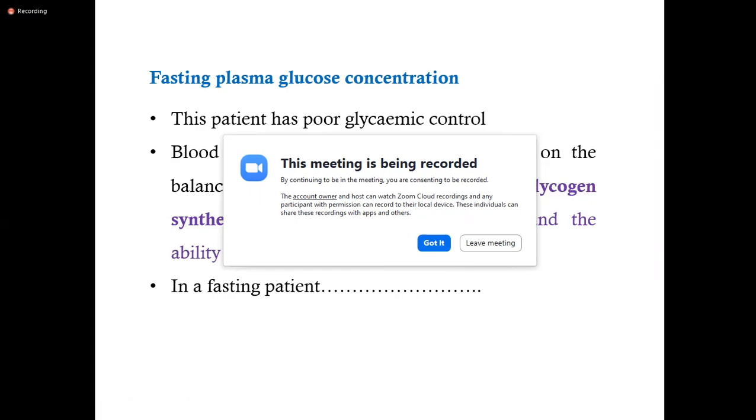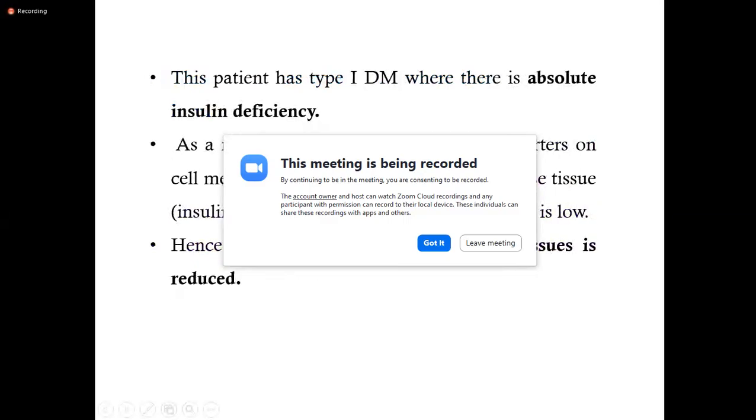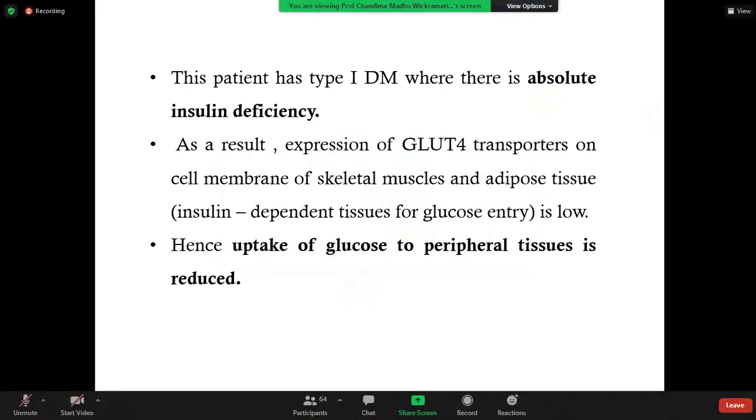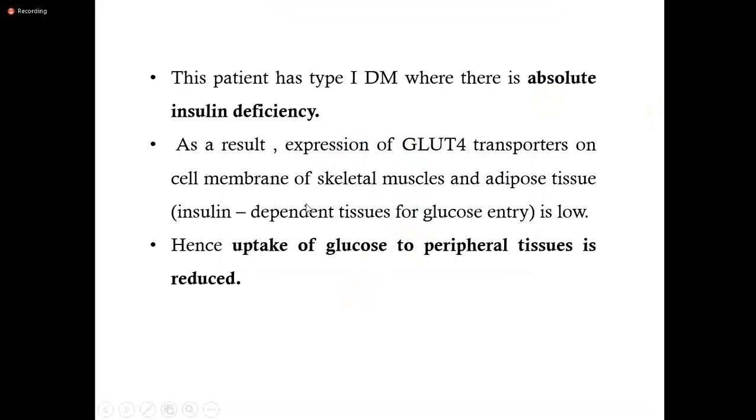This patient is having absolute insulin deficiency. So when the patient is having absolute insulin deficiency, what happens to the uptake of glucose by the peripheral tissues? When there is absolute insulin deficiency, the expression of GLUT4 transporters on the insulin-dependent tissues, you have to give some examples: skeletal muscles, adipose tissues, and the heart muscles, gets reduced.